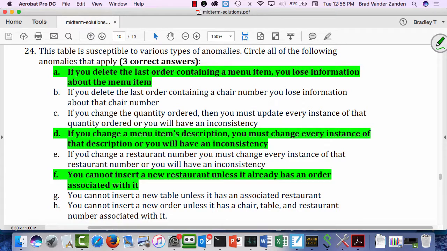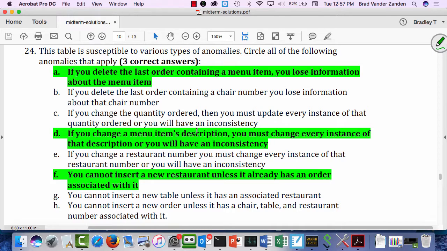Okay, then the changes, you had 3 possible changes. So if you change the quantity ordered, you must update every instance of that quantity ordered. Well, every quantity ordered is specific to the order. So if you change it for one order, it's not going to affect any other order. The quantity ordered is specific to each order.